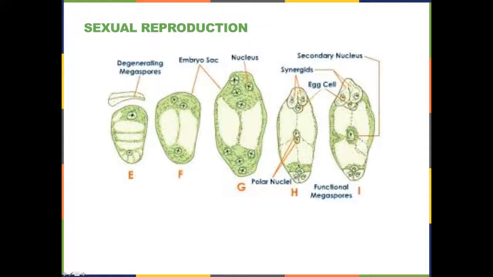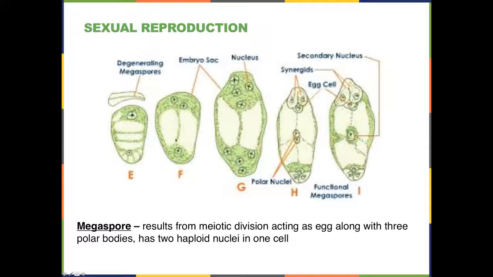On the female side, in the carpel, you form something called a megaspore. And a megaspore is the result of meiotic divisions that start with the egg, and you end up with a single egg and 3 polar bodies. And then ultimately you end up with 4 nuclei on each side here. And the nuclei, there's an egg cell and then something called the polar nuclei.